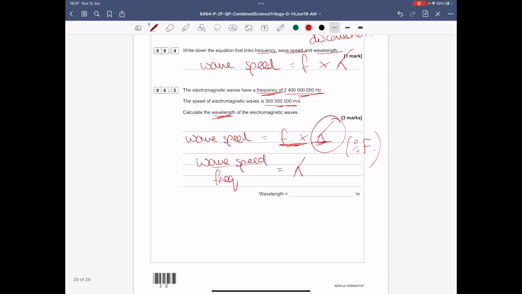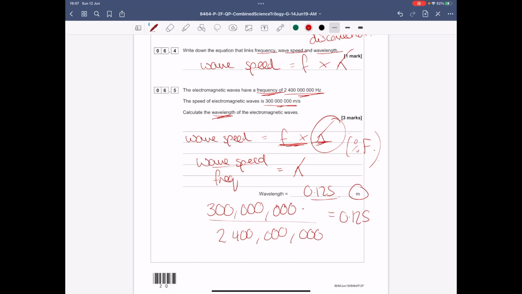I could then substitute in my values. So my wave speed is 300 million, making sure your zeros are right, divided by your frequency. If you plug that correctly into your calculator, that would give you a wavelength of 0.125, and it's given you the units of meters. If you rounded it up to 0.13, that is absolutely fine.